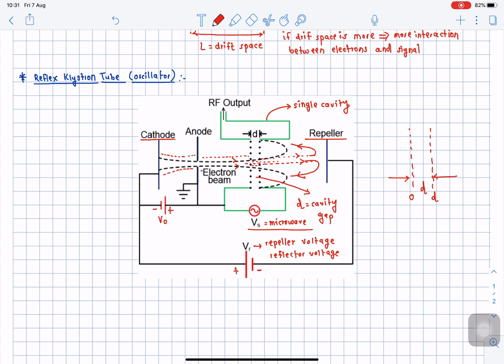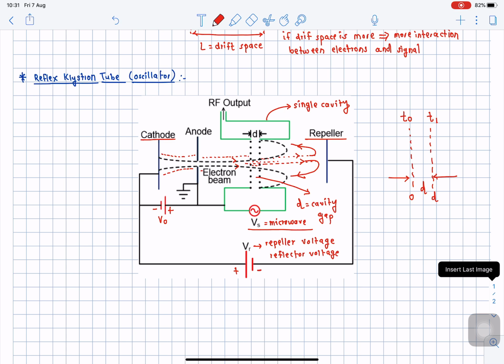Let us say the electrons are going to enter the small cavity gap at time t0, and the electrons are going to leave the cavity at time, say, t1. So t0 is the time at which the electrons enter the cavity of small width d, and at time t1 the electrons will leave the cavity, right?